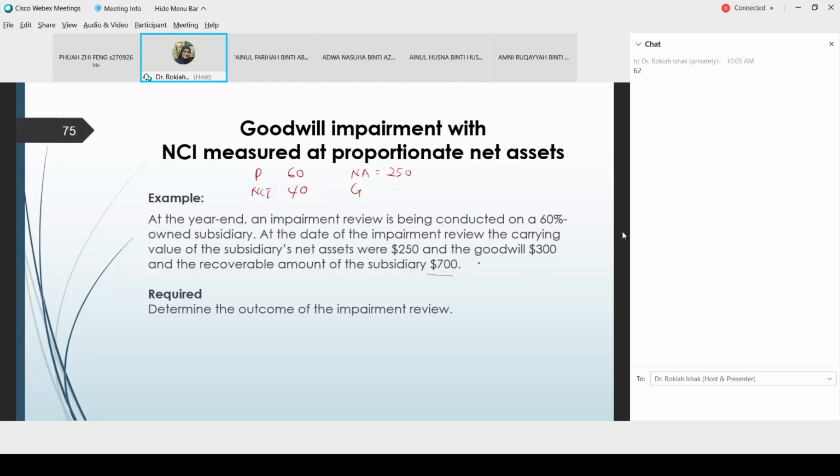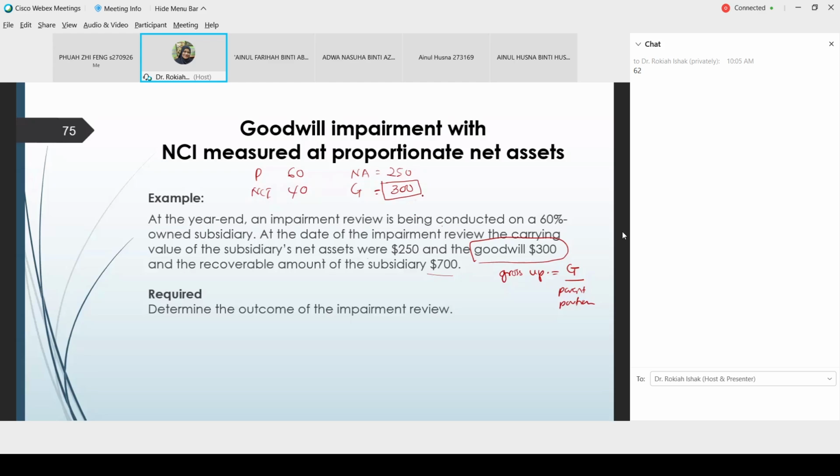So remember that the amount of this goodwill needs to be grossed up. You cannot use 300 here, because this 300 is the value attributable to the parent. So we need to gross up. How are we going to gross up here? The amount of the goodwill divided by the parent's portion.